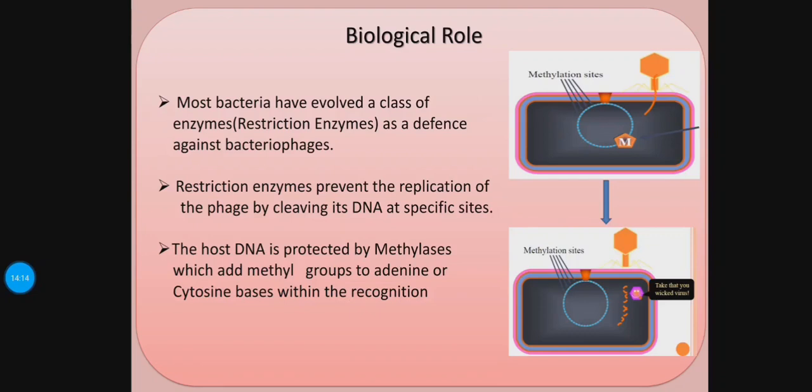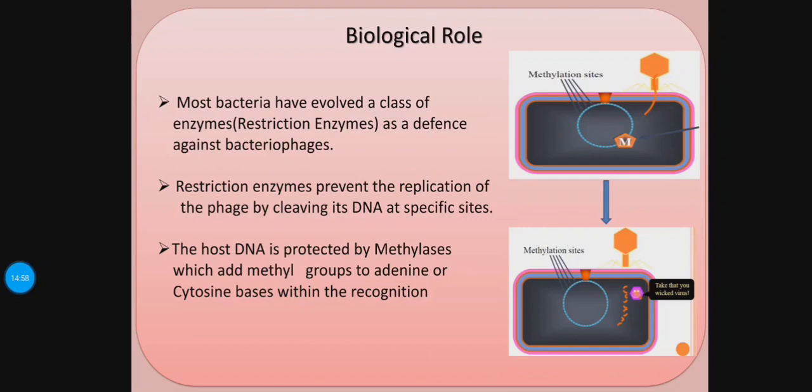So it's a tag for the restriction enzyme to recognize its own DNA. So this methylated bacterial chromosome says to the restriction enzyme, hey, this is part of yourself, don't destroy me, and go for the foreign invader, that is the phage, or go for killing the phage DNA. This is the message given by the methylated strand to the restriction enzyme.